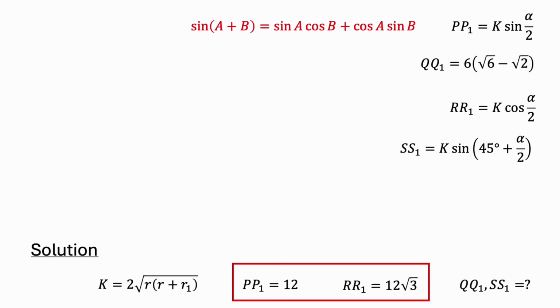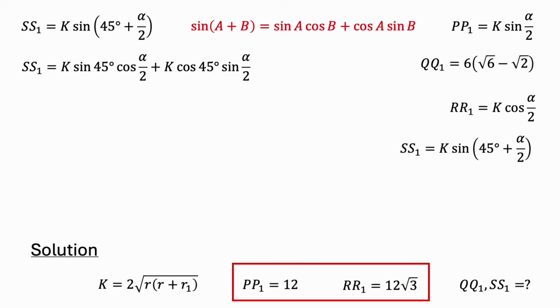Next, using sine of A plus B equals sine A cosine B plus cosine A sine B, the expression for SS1 becomes K sine 45 degrees cosine alpha over 2 plus K cosine 45 degrees sine alpha over 2, or 1 over square root 2 K cosine alpha over 2 plus 1 over square root 2 K sine alpha over 2.